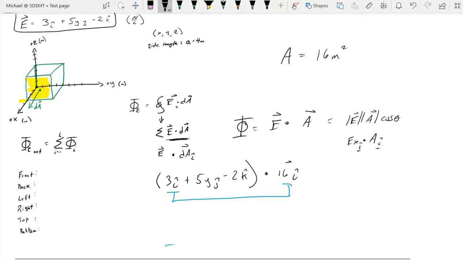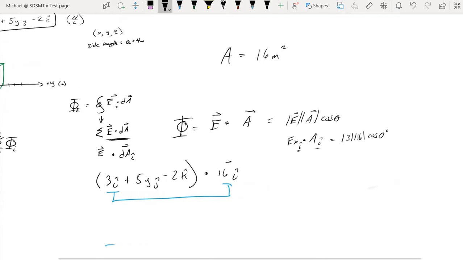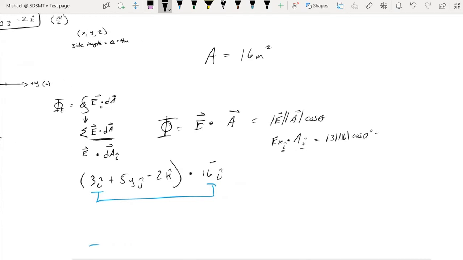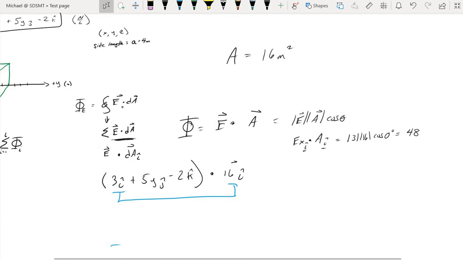Cosine of 0 is 1. So we have 3 times 16 times cosine of 0, which is 1. 3 times 16 is, I believe, 48. And so there's the dot product of the x component of our electric field with our surface area.